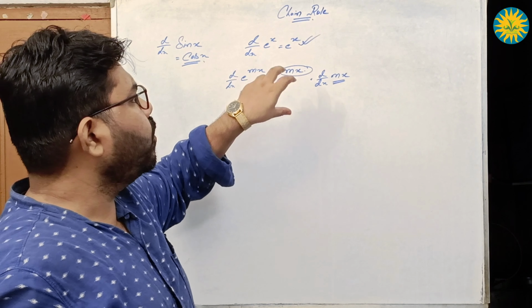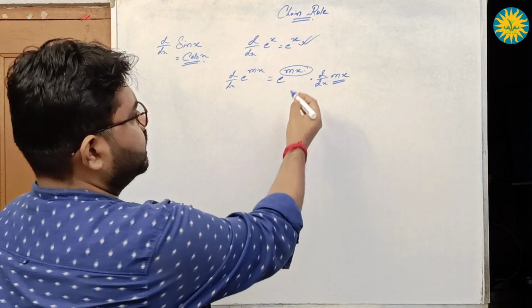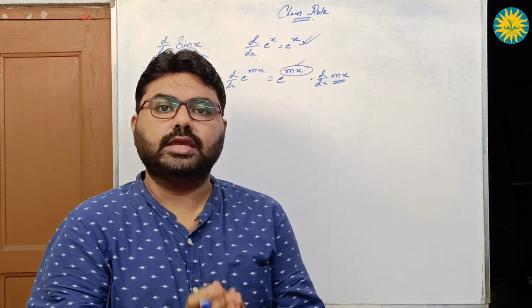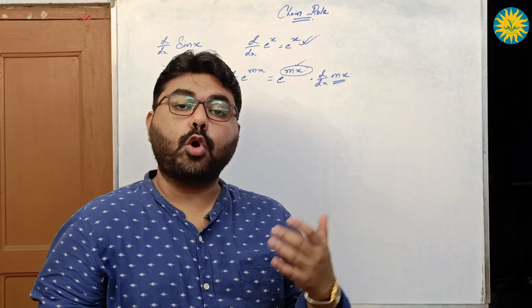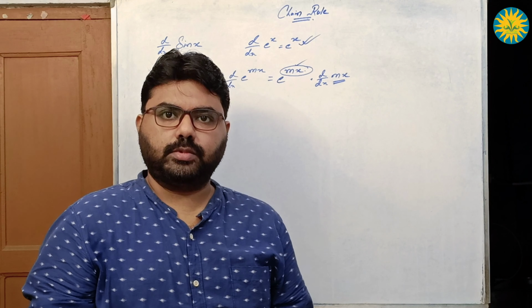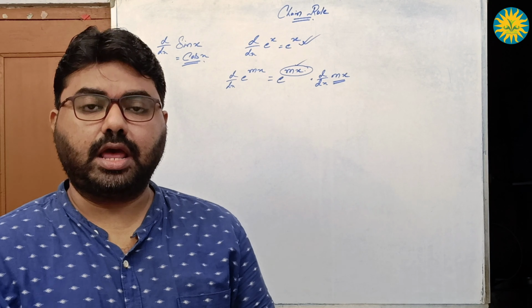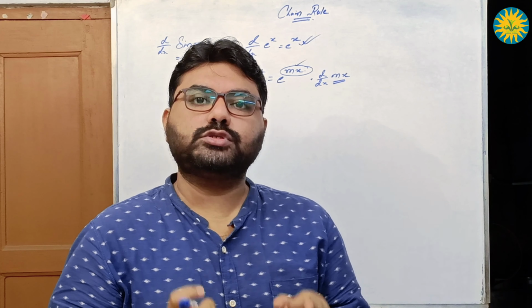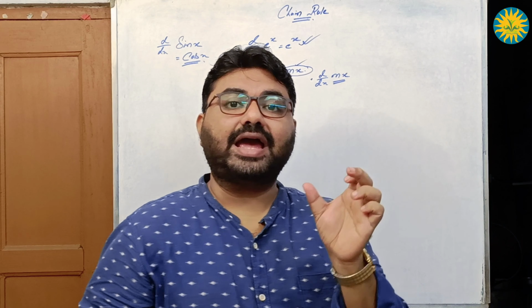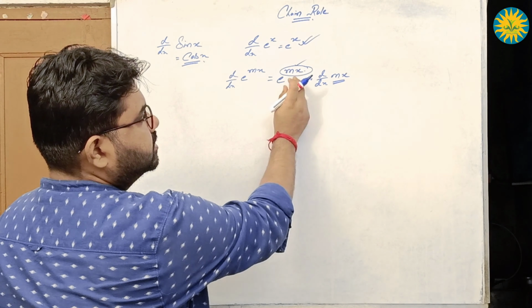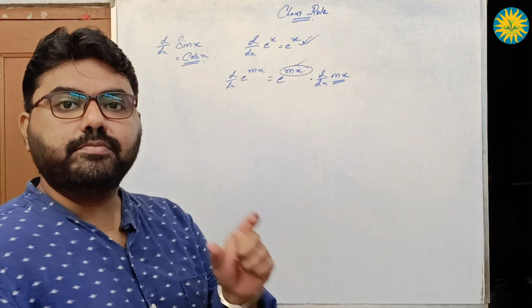But whatever the power may be other than x, it may be the coefficient of x, or it may be multiplied with x, or it may be any other function other than x, we have to separately differentiate that function. See, it's not x, it is mx.